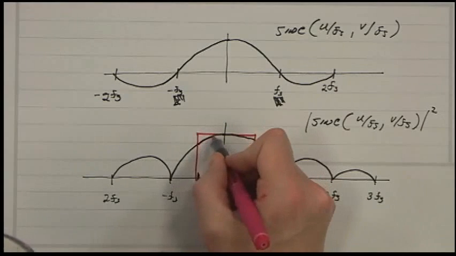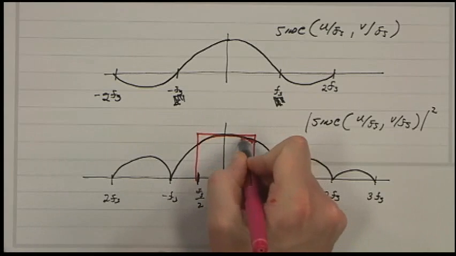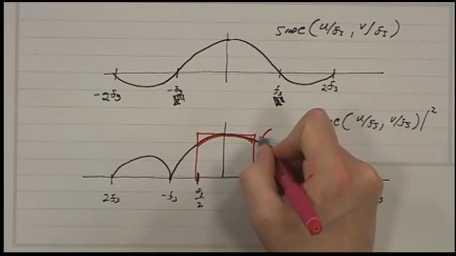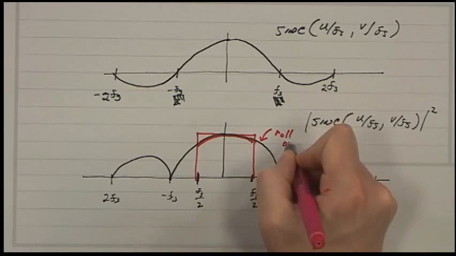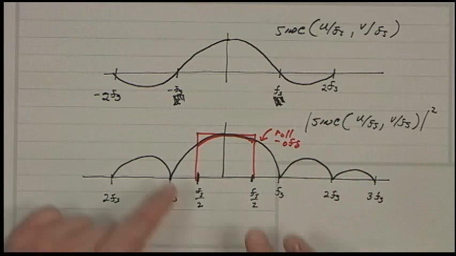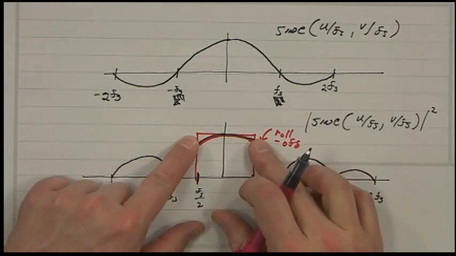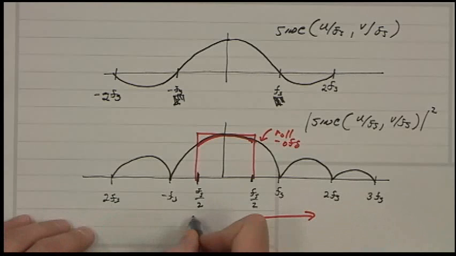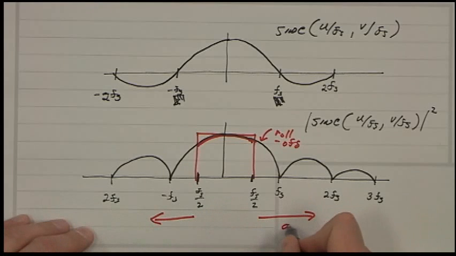But what you're getting is a filter like that. Okay? So this is roll-off. That tends to attenuate the high frequencies a little bit. Remember, anything out of here, anything behind here, these are aliased frequencies.